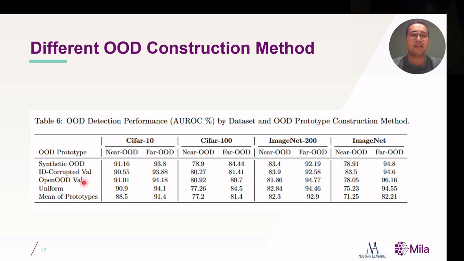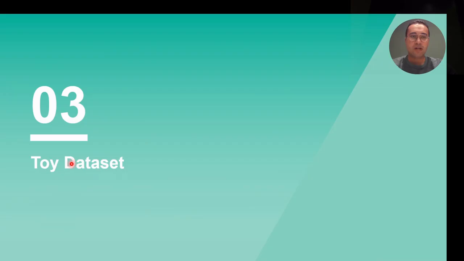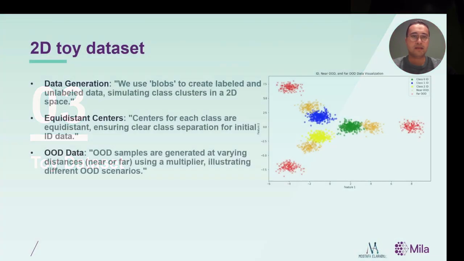If you have real data, definitely that is your best case scenario. Or using just simple uniform noise, or using the mean of in-distribution prototypes. But so far, the synthetic OOD generation method is the best method without having access to unseen OOD data or test OOD data.